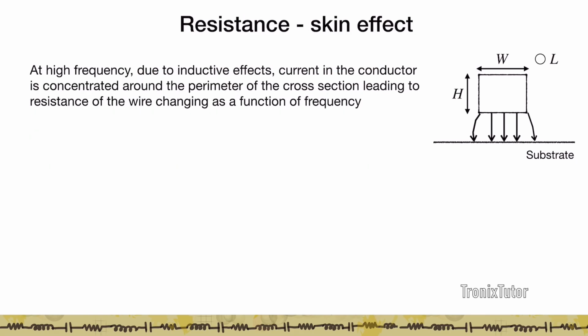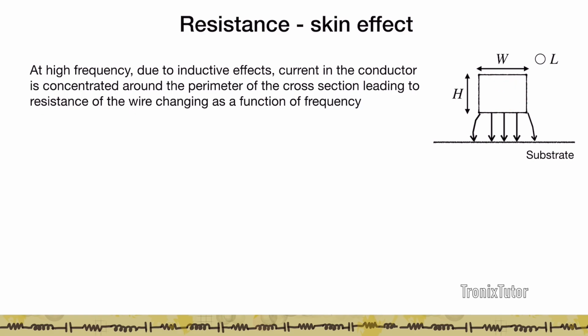Now, another problem that occurs at high frequency is that, because of the inductive effects associated with this conductor in a dielectric medium, the current in the conductor tends to conduct only along the surface of the metal due to electromagnetics.